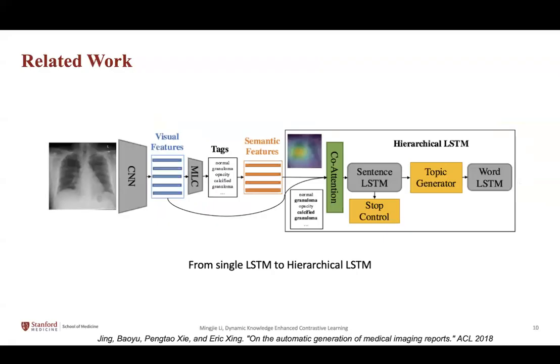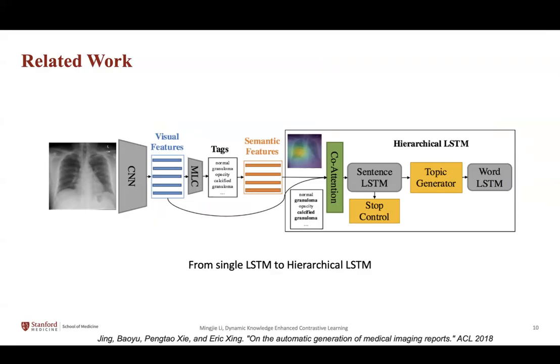At the beginning, researchers used LSTM as the decoder to generate reports, but they only used one LSTM, and we found that the medical report is usually very long, so an LSTM cannot generate such a long report.